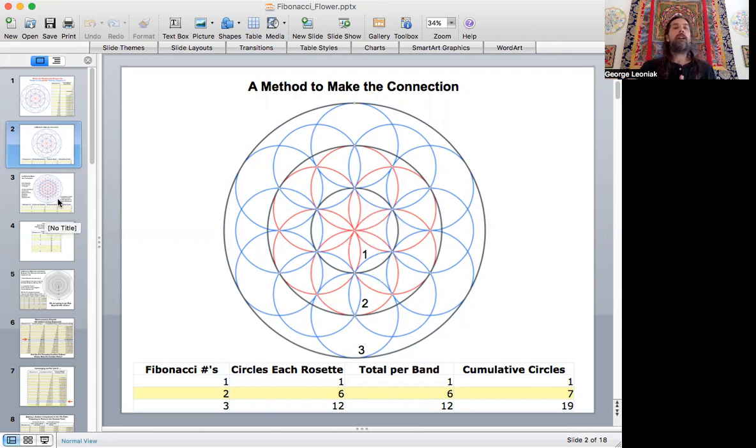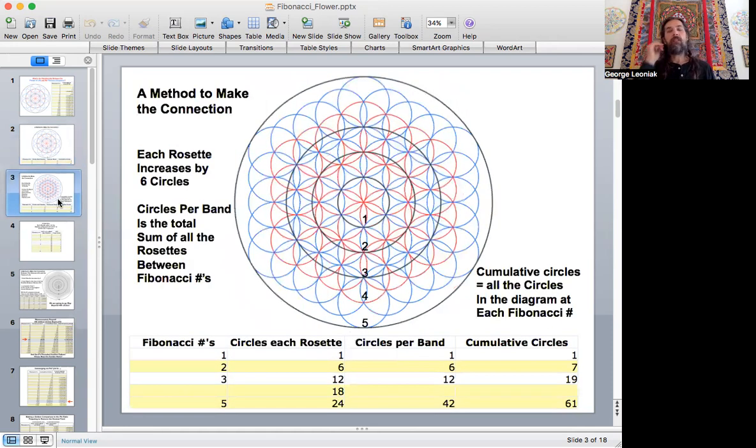All right. Now, the next step here is to continue to expand that. With 1 through 3, all the numbers are the same, but this is the first place where we have a difference in the Fibonacci number sequence, because basically what I'm doing is going to put a circle that's going to encapsulate all the circles that are in here, which are 61 at this point at the 5th Fibonacci number.